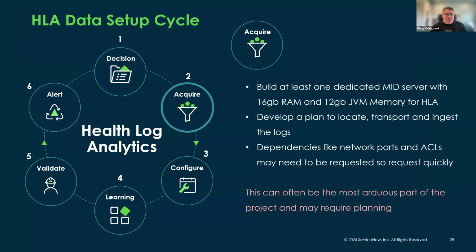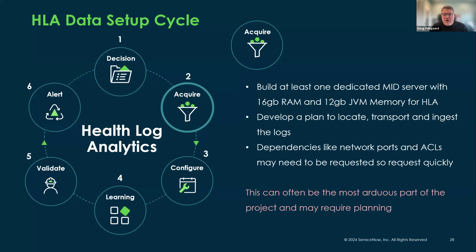So the data inputs are really part of what we call the acquisition phase, or acquire. As I help customers like yourselves get started with HLA, one of the things that I oftentimes tell people is to build at least one dedicated MID server. My recommendation tends to be more around 16 gigabytes of RAM and increase the JVM to about 12 to 16.